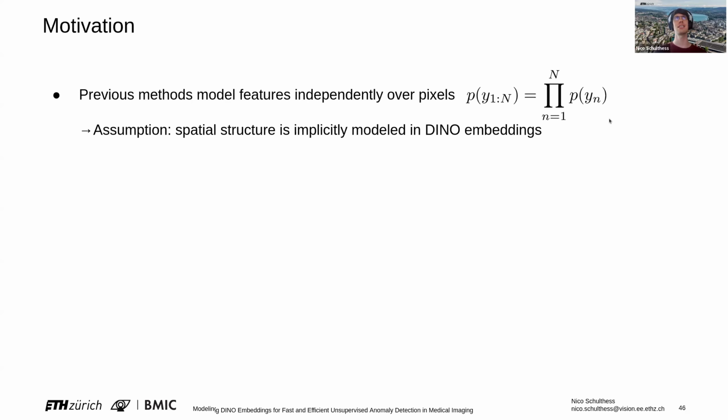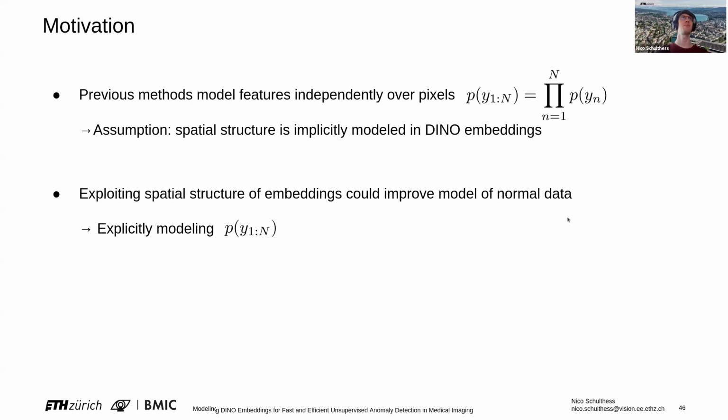And the underlying assumption is that the spatial structure, which is vital for anomaly detection in medical imaging, is modeled implicitly in the DINO embeddings, or for other methods in the embeddings created by the feature extractor of their choice. And we figured that when we exploit the spatial structure of these embeddings, we could improve the model of the normal data furthermore, so that we can reach better performance at smaller runtime.